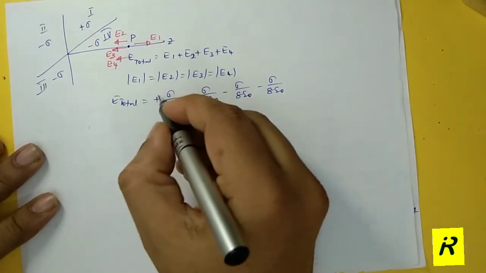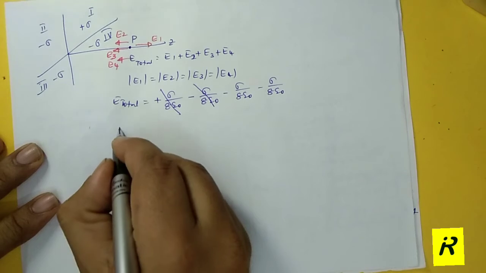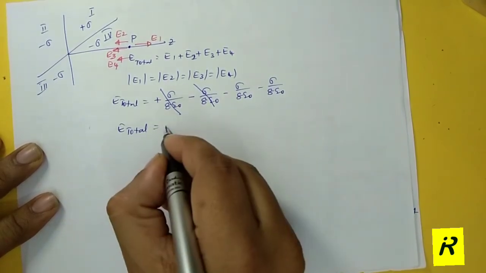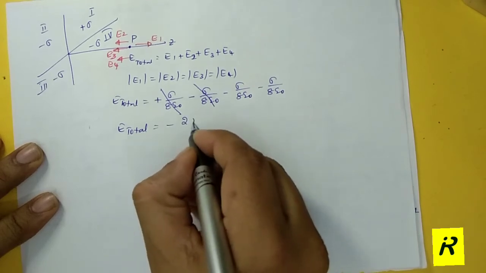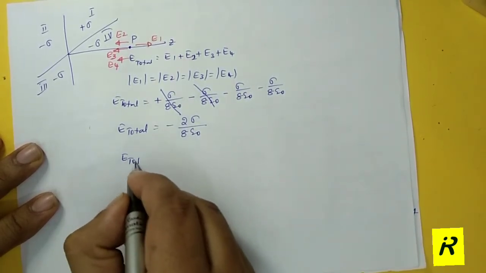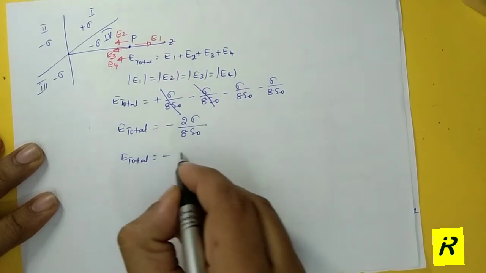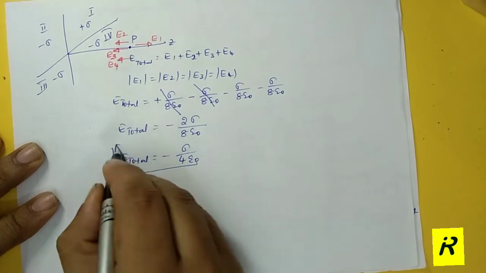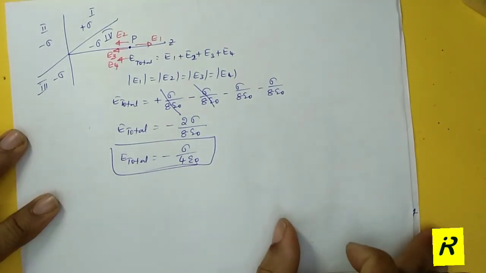When I combine all these algebraically, E total equals 2 times sigma divided by 8 epsilon o. So E total equals minus sigma divided by 4 epsilon o. This will be the answer for the question.